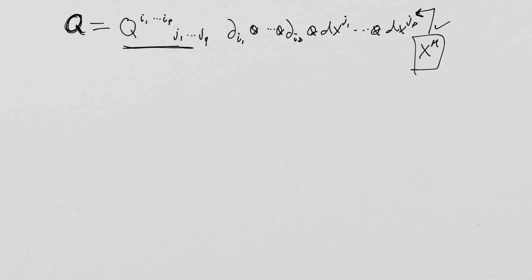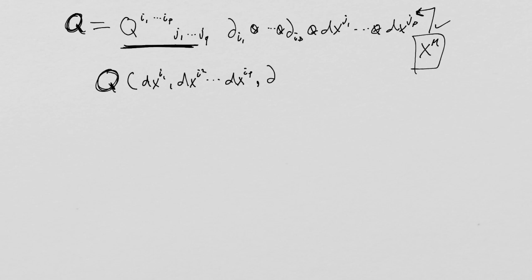If I want to figure out what these components are, what do I do? I take Q and operate on the appropriate basis vectors, and that will tease out the component. So if I operate this on dx i1, dx i2, dot dot dot, down to dx ip, comma, partial j1, dot dot dot, partial jq, like that.